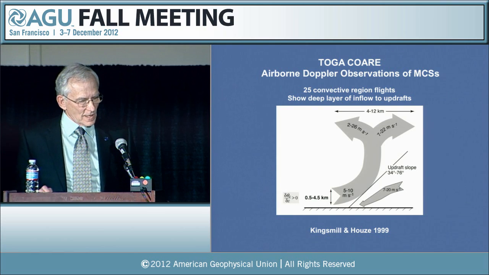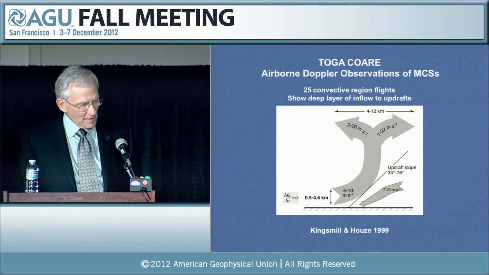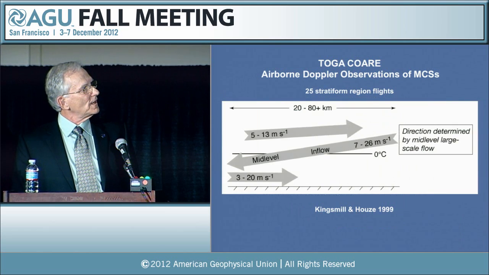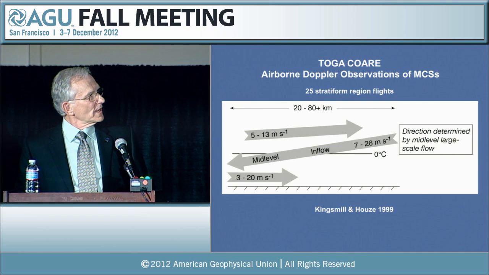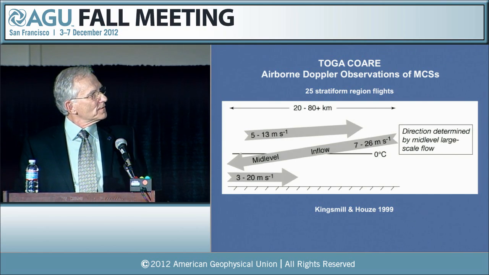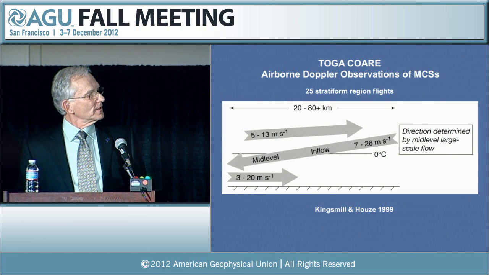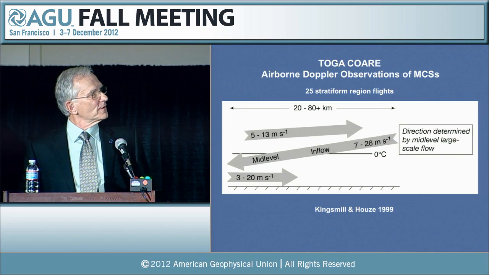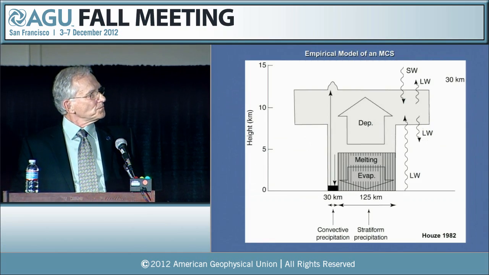So it's not just plumes rising out of the boundary layer anymore. It's this deep layer of inflow. And with 25 other flights around stratiform regions, we were able to determine that they had this 3-layered flow structure, with mid-level flow entering, subsiding between the two flows going the other direction. So again, we saw some confirmation of the Moncrief type of structure.